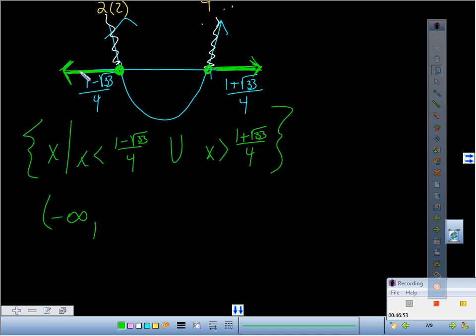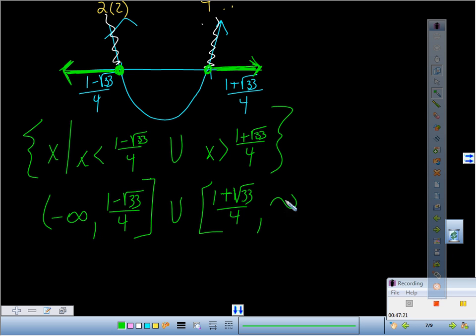All the way up until you get to what? The 1 minus the crazy number. Who cares what it is, people? Just write it down. Excluded or included? Included. Union. Now start at the other crazy number, 1 plus the square root of 33 over 4, all the way to positive infinity. So, set notation, interval notation.